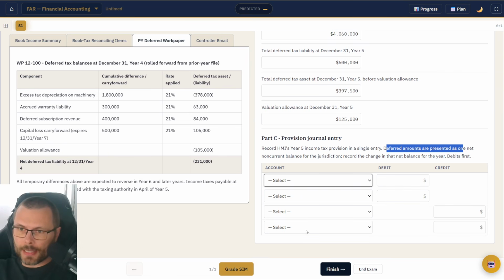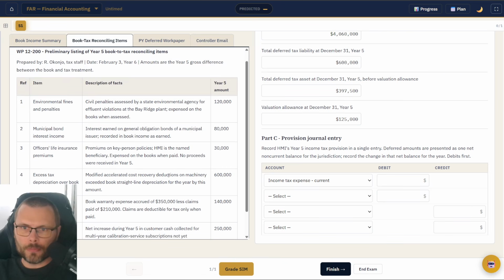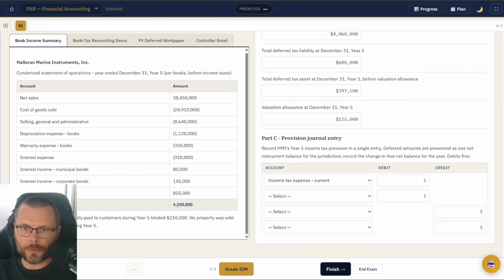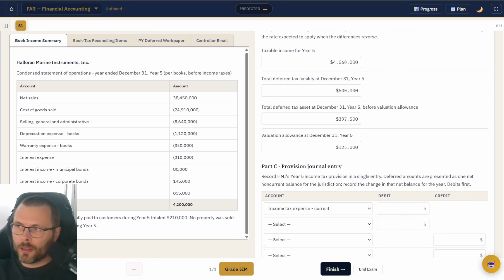So income tax expense current, yes, that is, go back and find taxable income, which was from the Part B, 4060, times this year's tax rate. We're not using next year's, so we're not using the 25. Now we're using the 21. So that's 4060 times 0.21, 852,600.